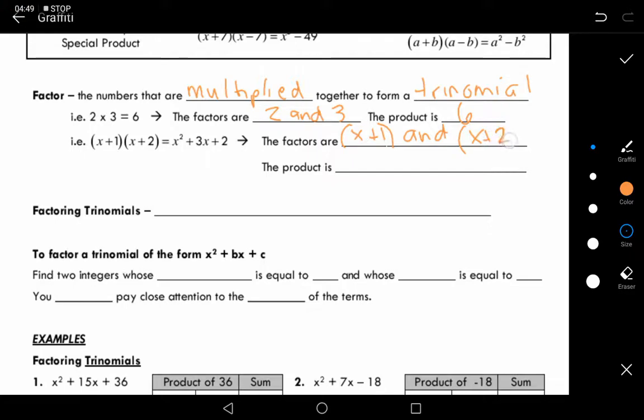The product, after we multiply those together, is the x squared plus 3x plus 2. Okay, so when we're factoring trinomials, what we are actually doing is simply the opposite of expand and simplify. So it's the opposite process of expanding.